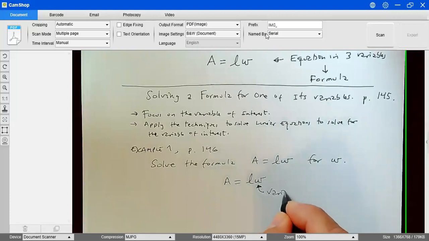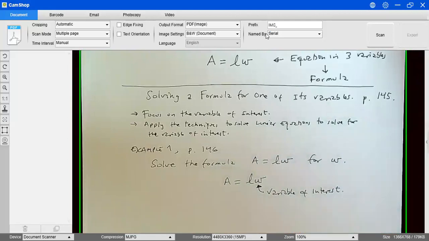So the rest are going to be treated as numbers. Just imagine that they are numbers.